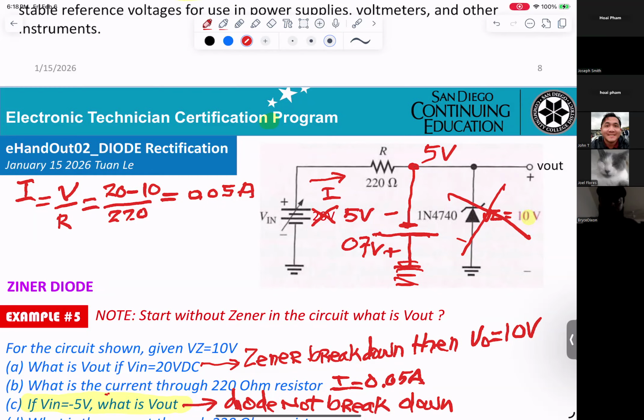That means, because 5 volts is greater than the ground, right? 5 volt on this side. Ground on this side. Ground is equal to 0. So the diode off, or reverse bias. When they off, they will be open. Open here. What voltage V out? The voltage V out is going to be 5 volts. 5 volt.